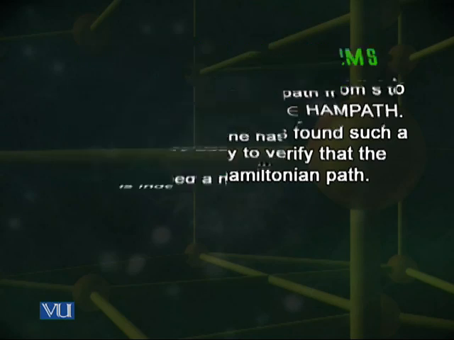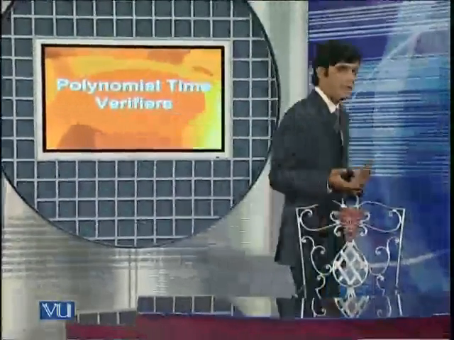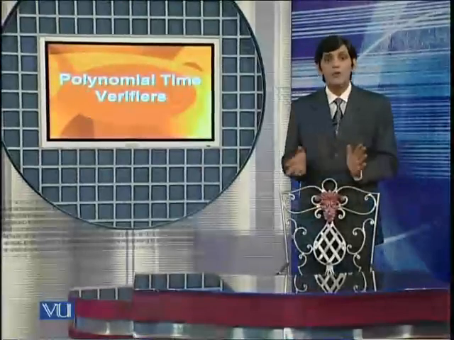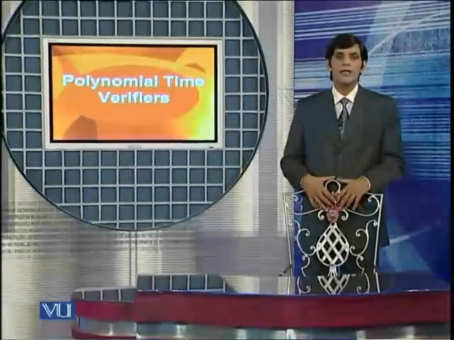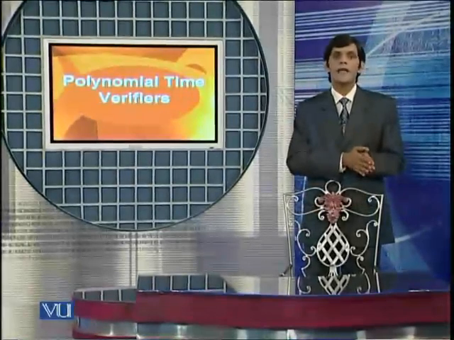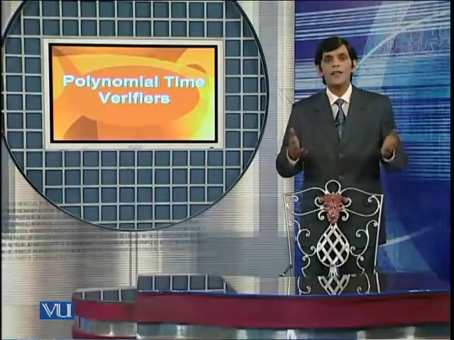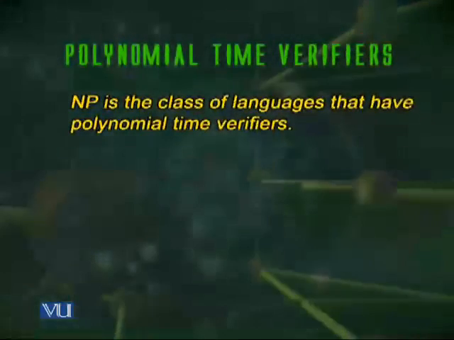On the other hand, if the graph does not have a Hamiltonian path, then you can try to give it any other path, and this verifier will reject all of those proofs or certificates, since these are not Hamiltonian paths: either they'll not start from S, or they'll not end at T, or they'll repeat vertices, or there'll be some vertices missing, and it will be able to detect that very easily.